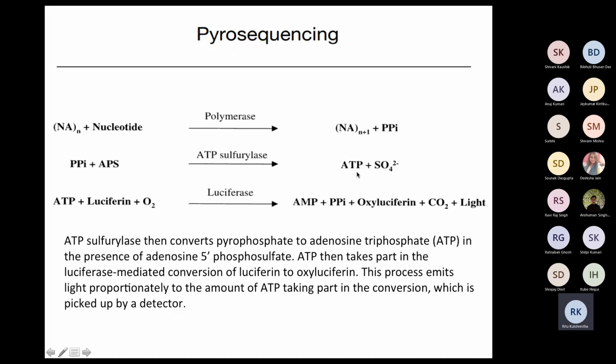Now, how do I detect that ATP has been released? For that also I have a very smart method. ATP in presence of luciferin gives this particular reaction, which finally gives a chemiluminescent signal. So this signal can be detected finally.